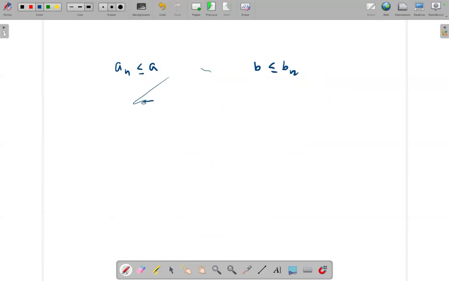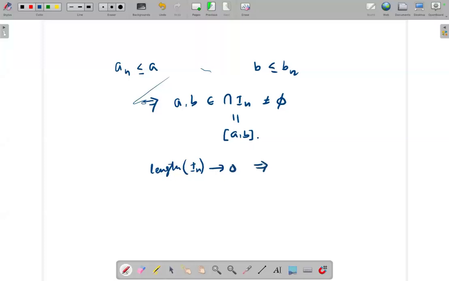So A, B in fact belong to the intersection of these INs, and hence this is non-empty. We can go one more step with the statement of NIP that in fact this is equal to the closed interval AB first of all. And second of all, if we assume that the length of the INs is going to 0, it simply implies that Bn minus An goes to 0 as n goes to infinity.